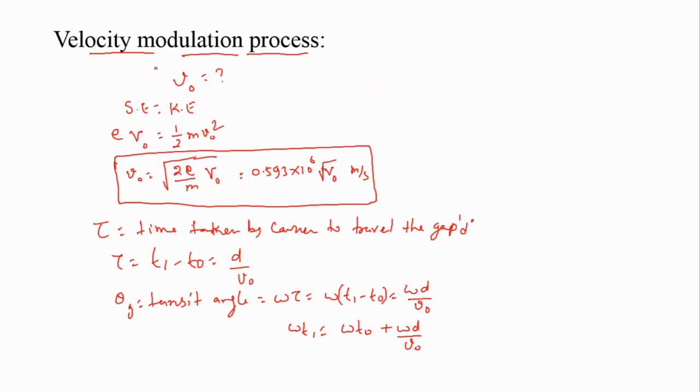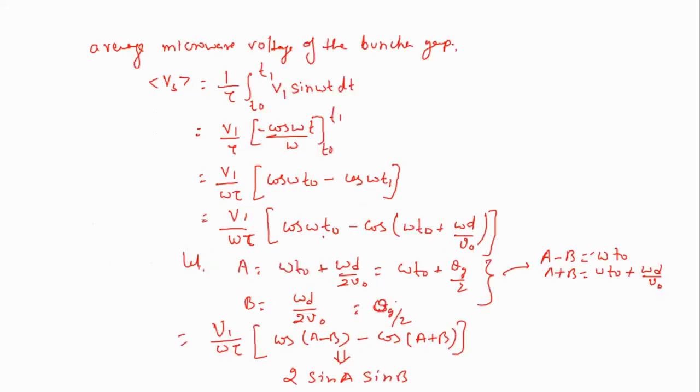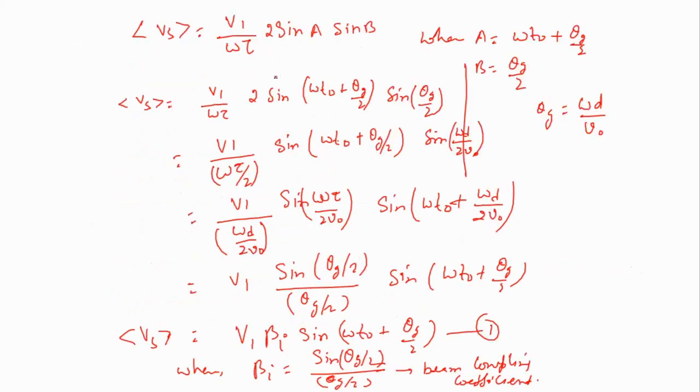After that we saw how the velocity modulation process takes place. To have the velocity modulation, we found the velocity V0 by equating the static energy and kinetic energy at equilibrium state, and then we found the average microwave voltage of the buncher gap.